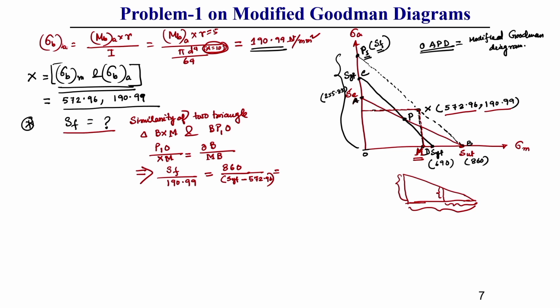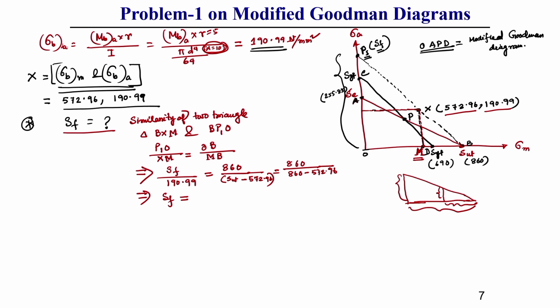Now, what are the things we will get? SUT is given already. So, 860 divided by 860 minus 572.96. From here only one unknown is there, so SF you can easily find out.